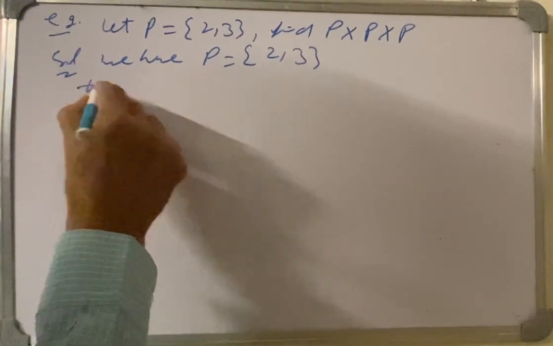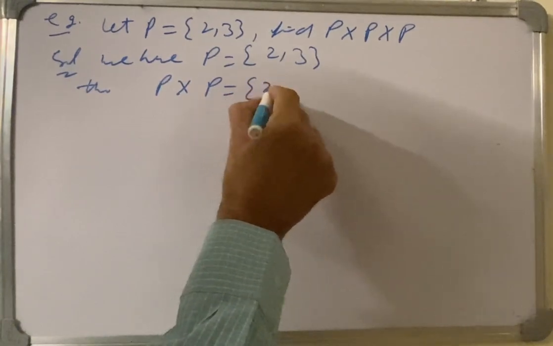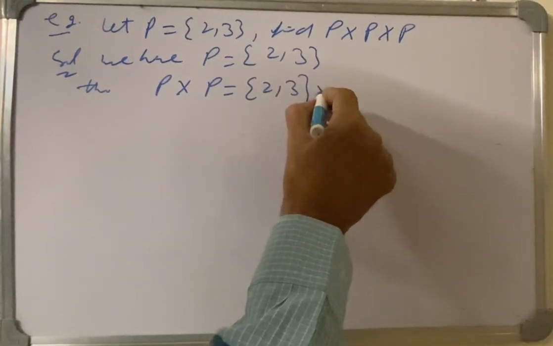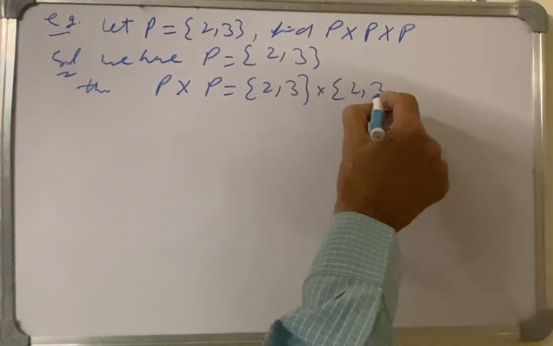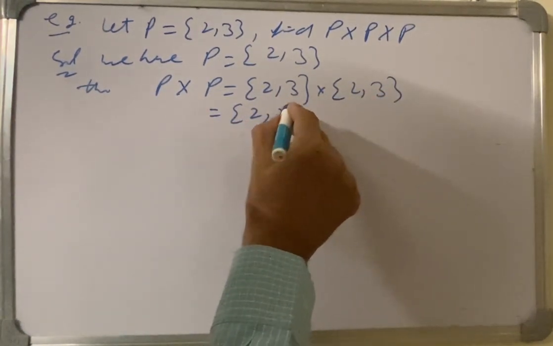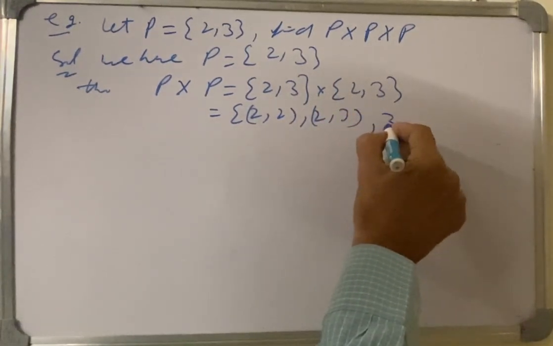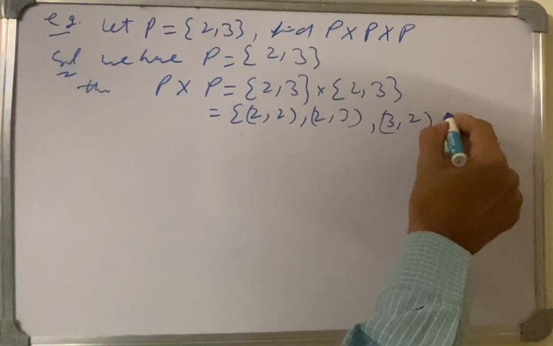Then the Cartesian product of P with P is {2, 3} into {2, 3}, which will give you (2, 2), (2, 3), (3, 2), (3, 3).